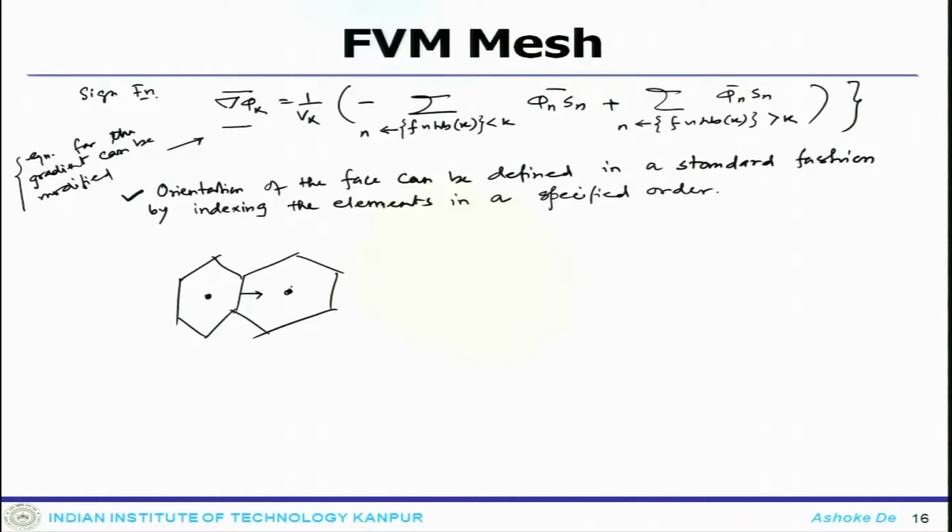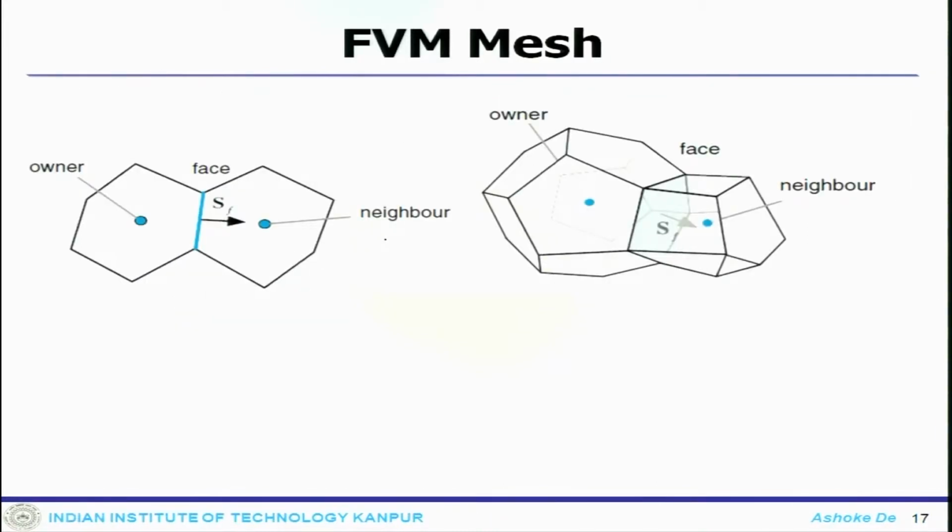So, one case it is owner, other case is the neighbor. So, this one can see like this: you have a owner element, you have a neighboring element, these are the center of those two elements, and this is the surface vector, and this is the face.